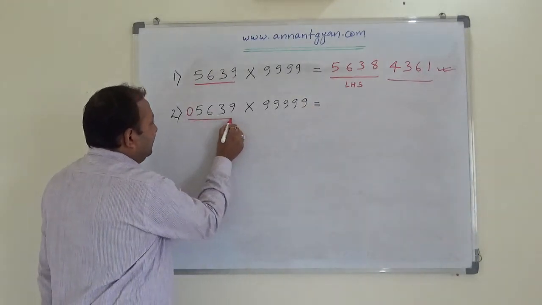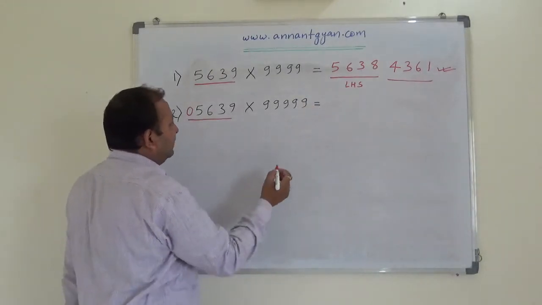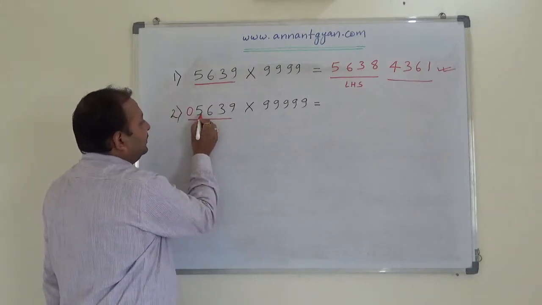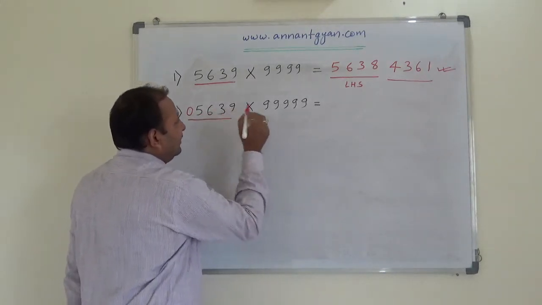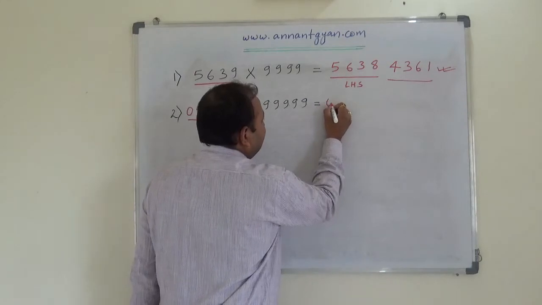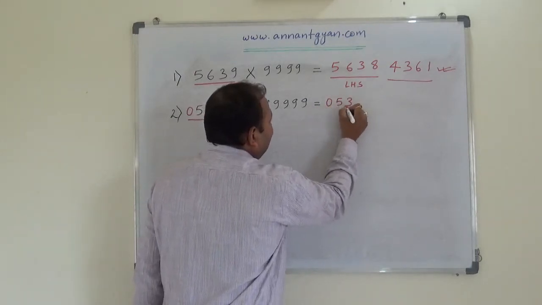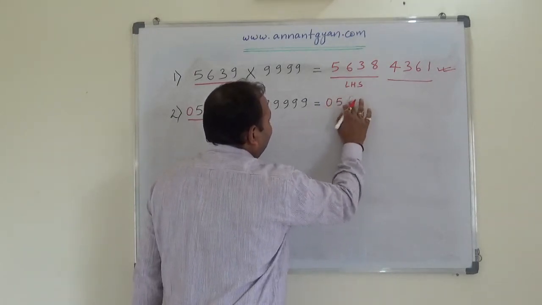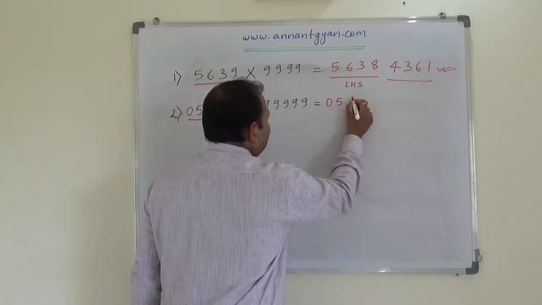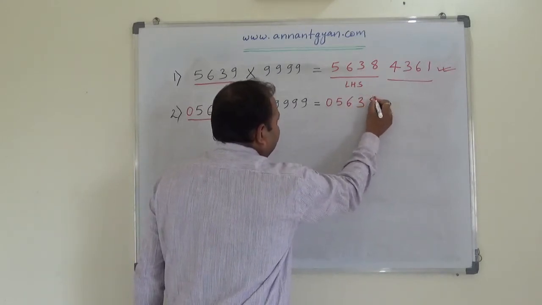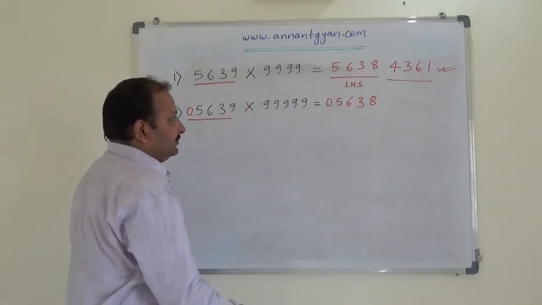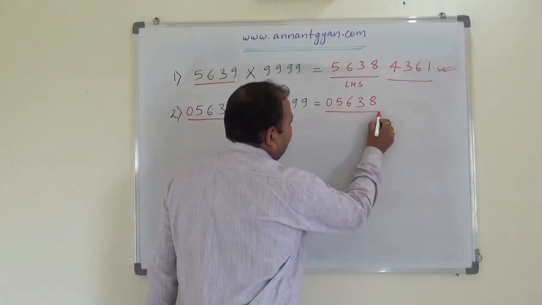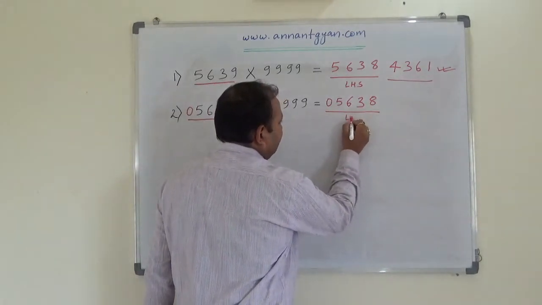So, we shall reduce 1 from this number. So this is 0, 5, 3, 5, 6, 3, 8. I shall write here in the LHS.